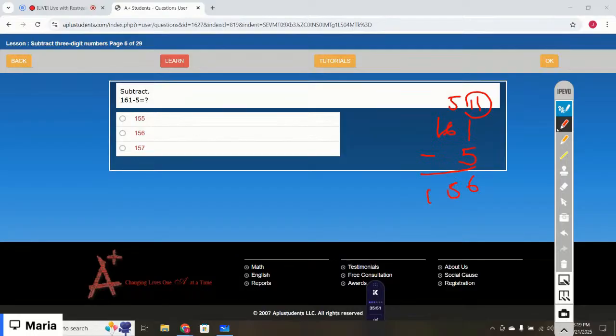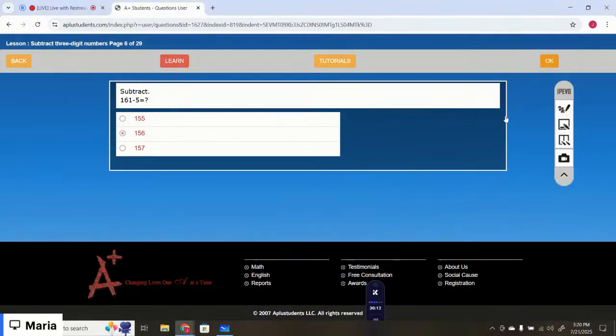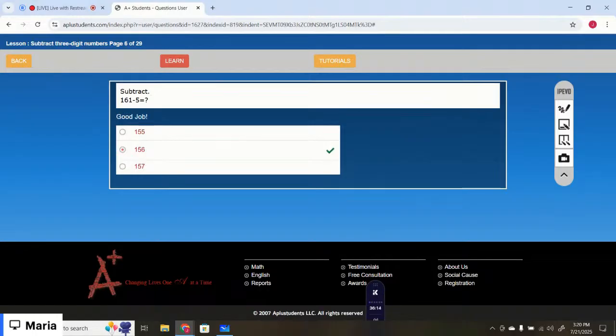Bring 5 down and 1, that makes 156. So the correct option is 156. Option number 2 is the correct option.